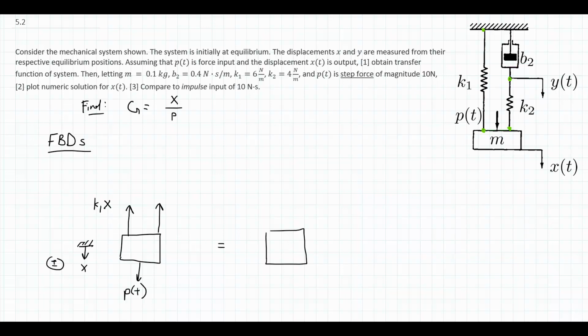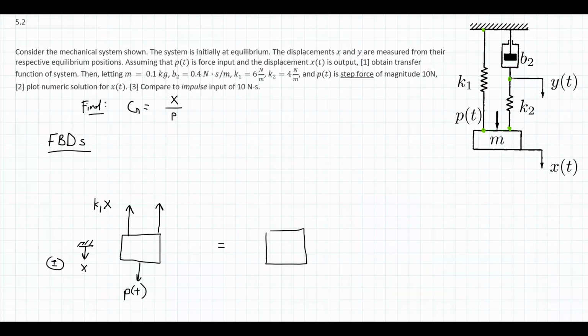And also as a note, I have this, what I call a node between K2 and B2, because that node is going to be able to translate independently of the mass. I can hold y at 0 and still pull the mass up and down, and that's perfectly fine. I can hold the mass still, and I can move that node up or down, and that's also possible in the system. So x and y are independent degrees of freedom, both dependent on time, but they can move independently of each other.